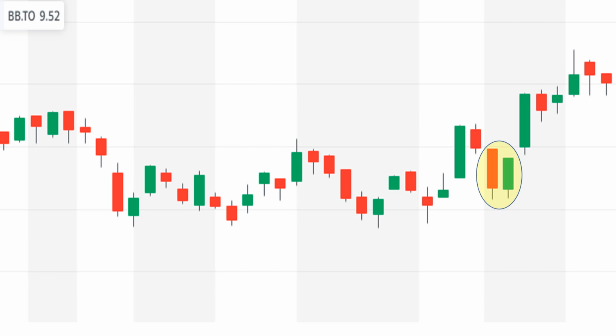Now, you see the equivalent is nothing but a hammer. That means the bullish buyers are in control, so the trend is going to go up. So you can enter the trade as soon as the next candle passes the close price of this candle, and you put your stop loss below the low of this pattern. How easy is that?